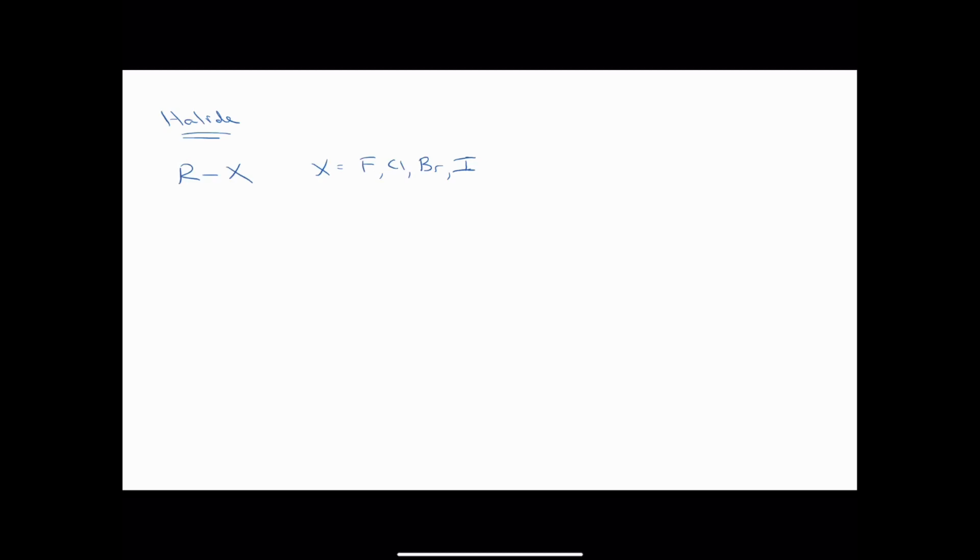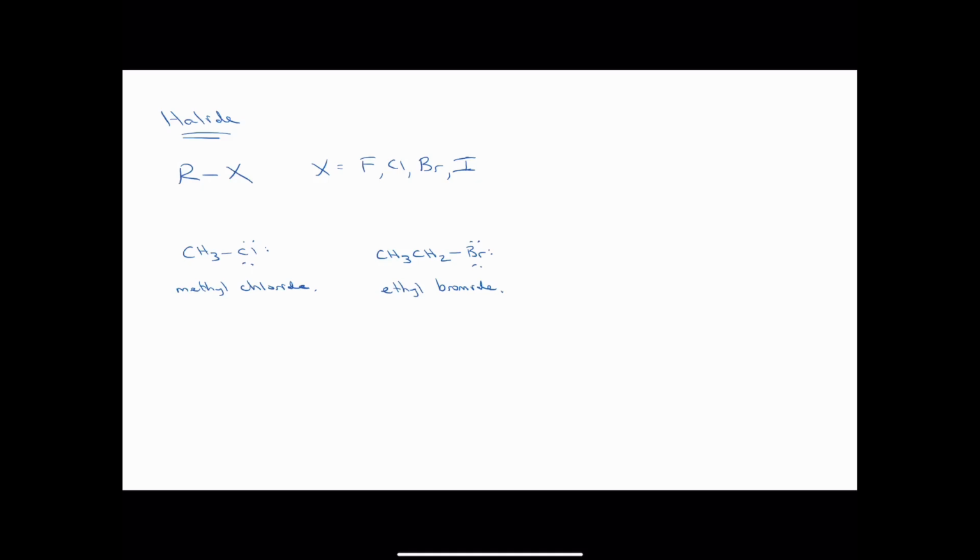For example, if I have a methyl group and I have a chlorine attached to it, this would be called methyl chloride. If I had a bromine attached to an ethyl group, so if I write in an ethyl group here and I put a bromine, this would be called ethyl bromide.